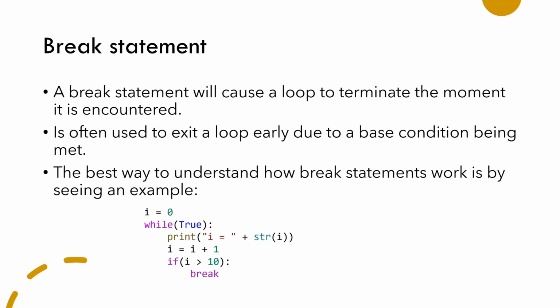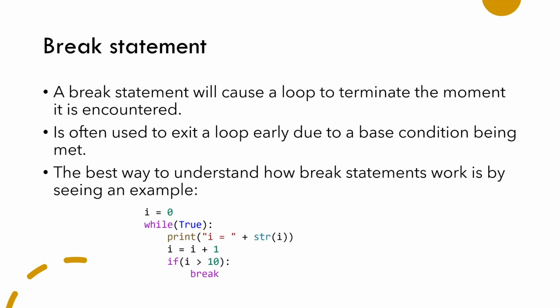A break statement will cause a loop to stop, to finish. We are done whenever it is encountered. You normally use it when you want to exit a loop early due to some sort of condition being met. On the lower side of the screen, you have an example of a break statement in use.